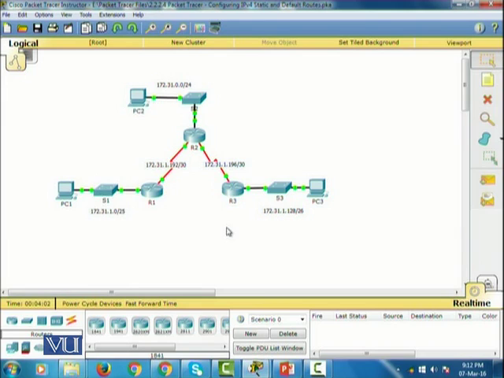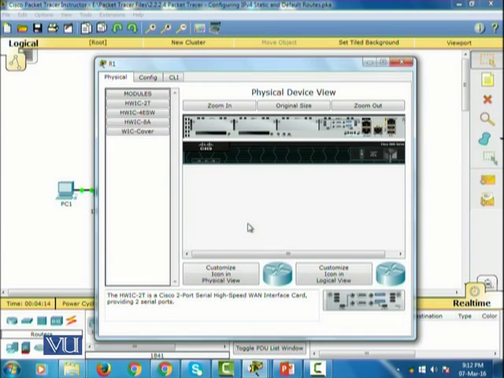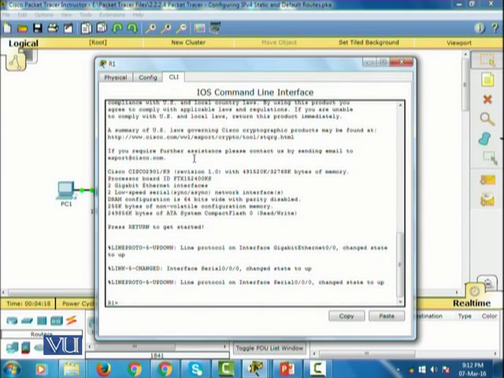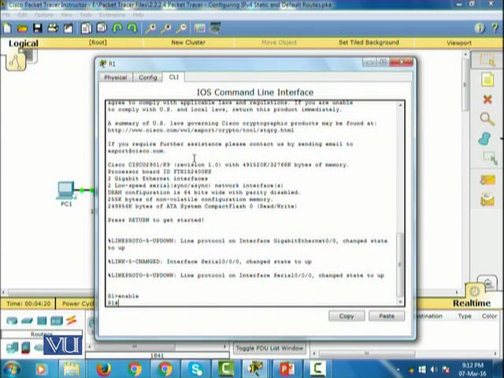All right, so first of all, we're gonna configure router R1 with standard static routes, with the next hop routes. So I'm gonna click on router R1, and go to the CLI interface of it. I'm gonna go to the privilege mode, and let's quickly see how many interfaces this router has.